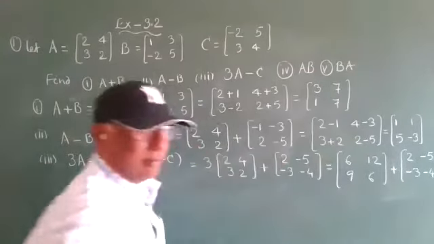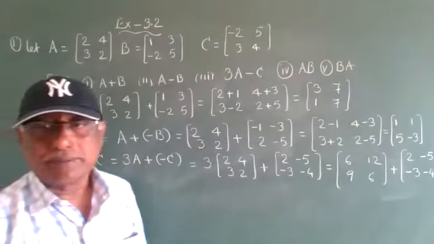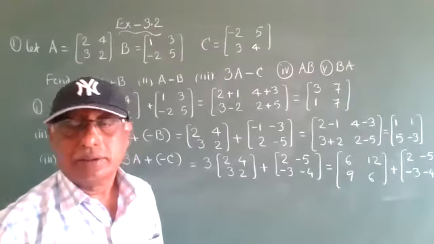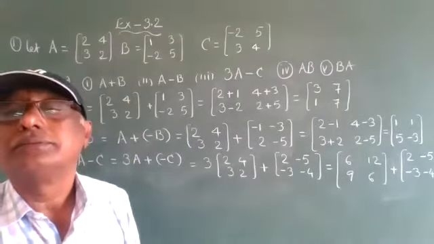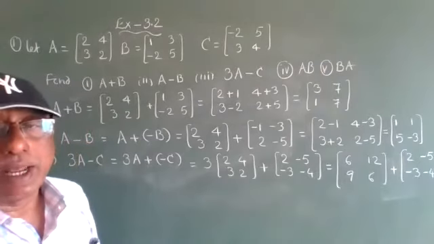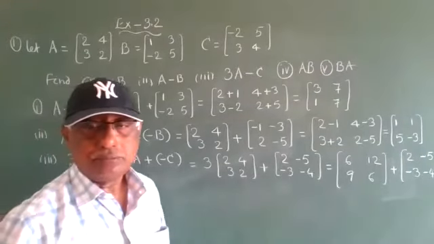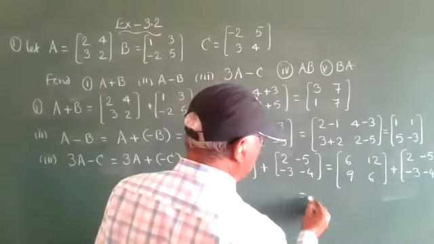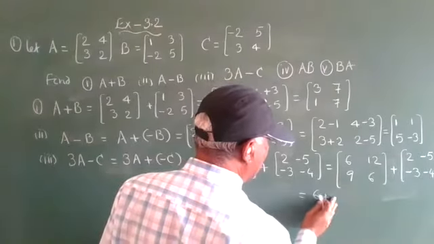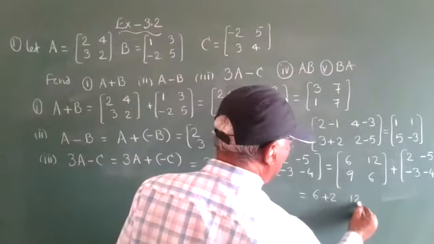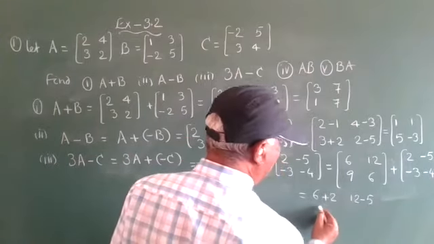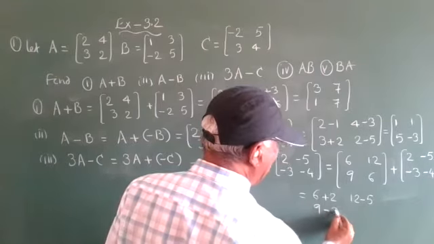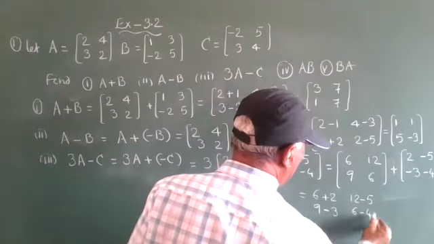Add these two. Everyone add first. 6 plus 2 is 8, and 12 minus 5 is 7, 9 minus 3 is 6, 6 minus 4 is 2.